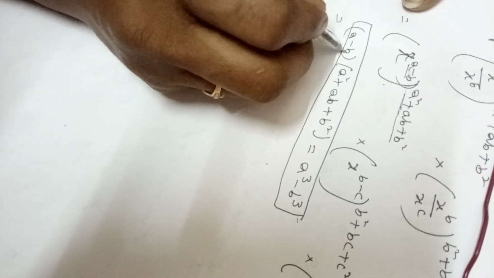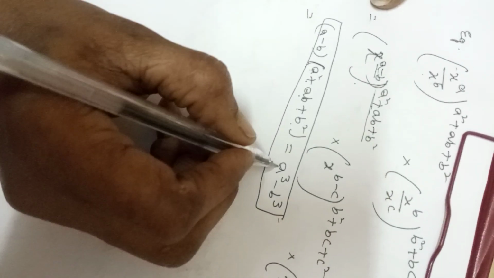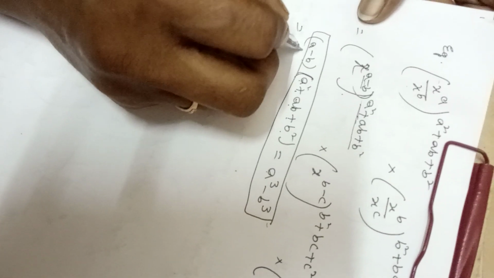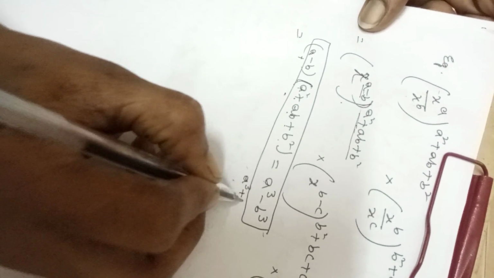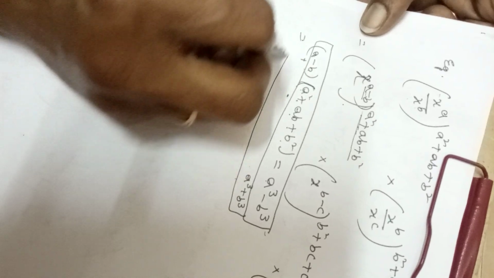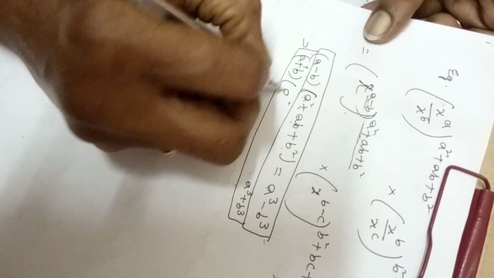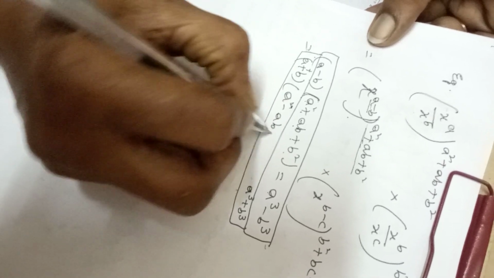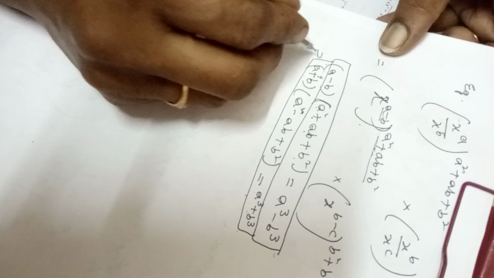So a minus b into a square plus ab plus b square is equal to a cube minus b cube. If here plus then here minus, then this will become a cube plus b cube, that is a plus b into a square minus ab plus b square is equal to a cube plus b cube. Both formulas remember.